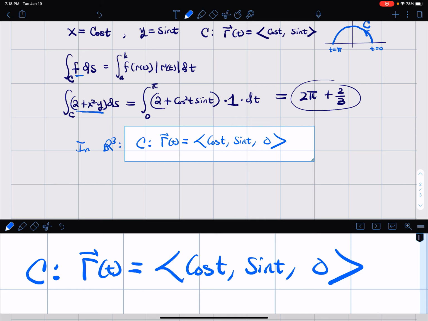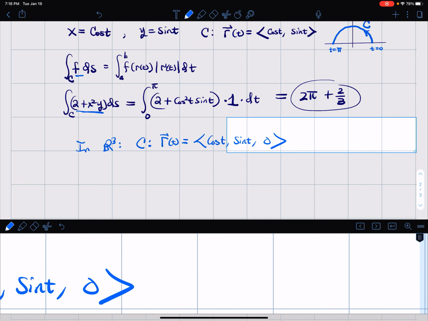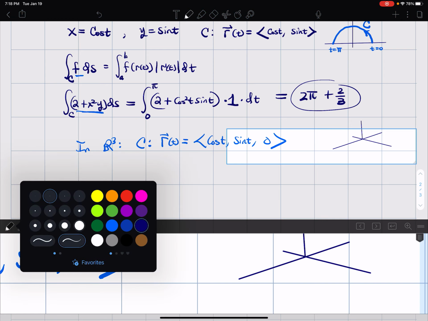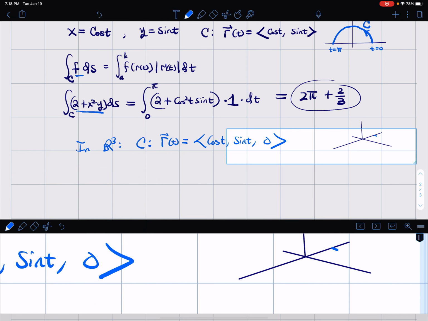You put 0 there, because you're just going to assume that you have your z-axis, x-axis, and y-axis, and this is your upper half. It lives on the xy plane. So you can do that if you want. It's going to be like this.